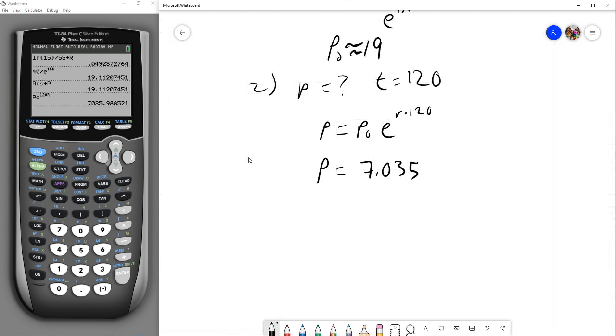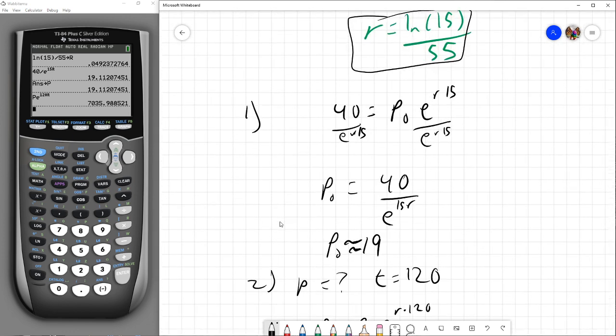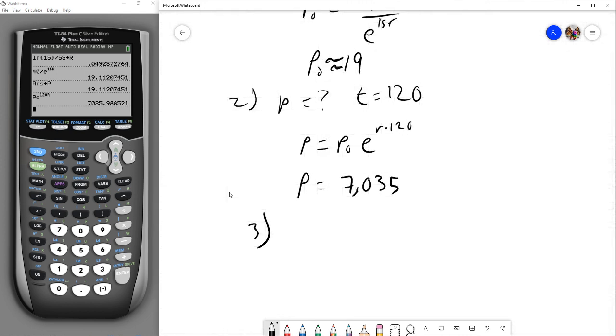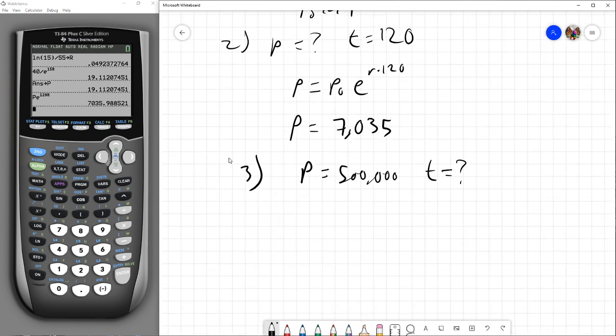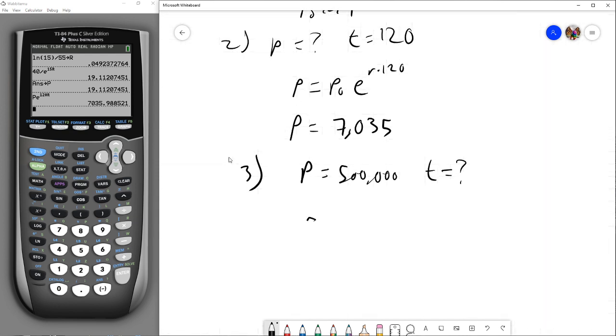Alright. So then our third question. Oh yeah, it was at 500,000. So the question is, if P is equal to 500,000, what does t equal? So we can set up our equation the following way. We have 500,000 is equal to P naught e to the rt.